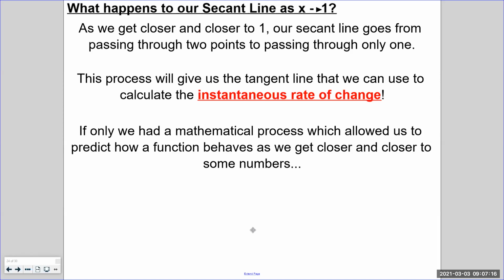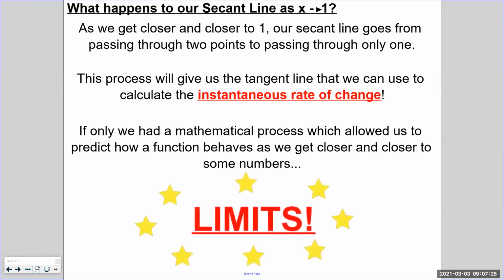Shucks, I guess we are out of luck there. Calculus course over. There it is: it is the limit. The limit allows us to predict the behavior of a function as we get closer and closer and closer to some specific x value.